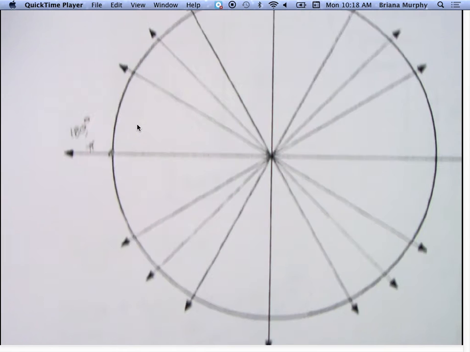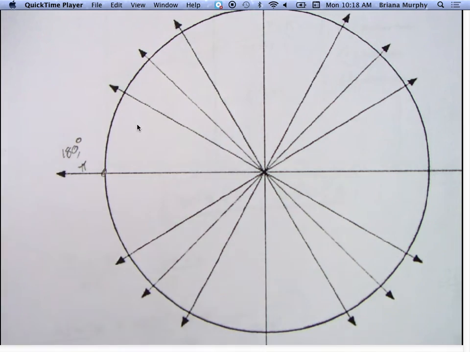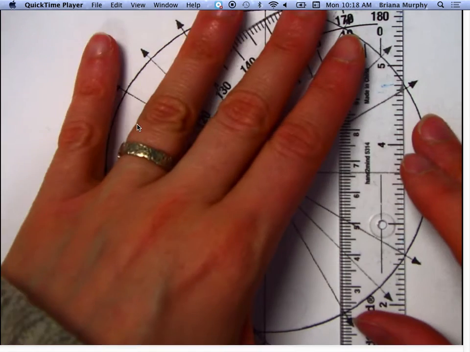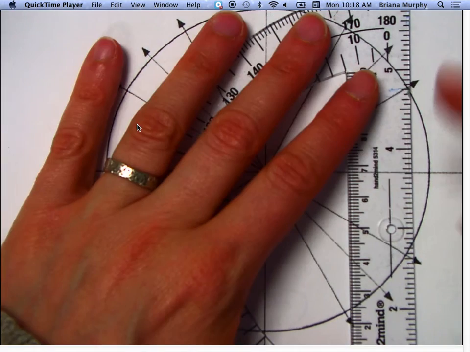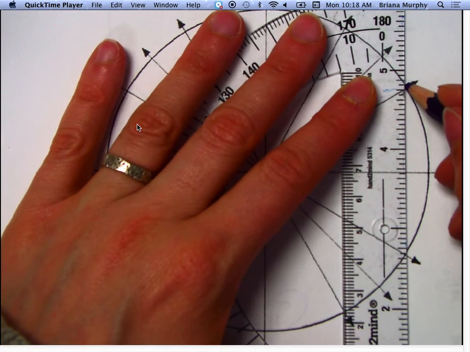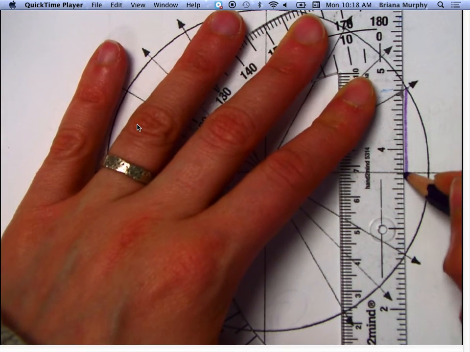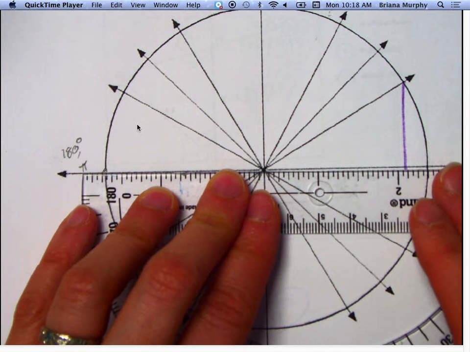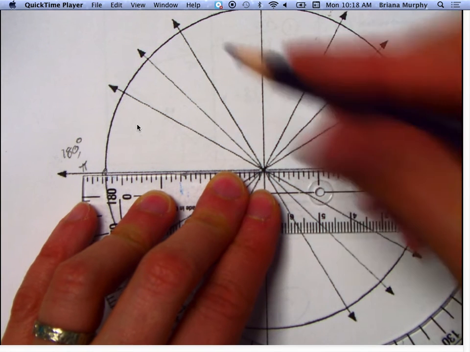All right, so we're going to look at a 30-degree angle first, which is this one. You just draw your line straight from here. You need to make sure it's very exact, which is why I mentioned a straight edge.